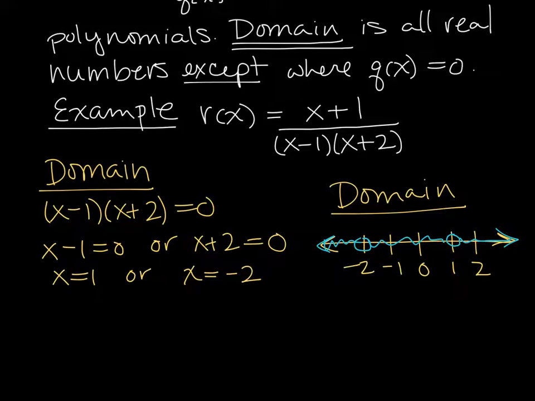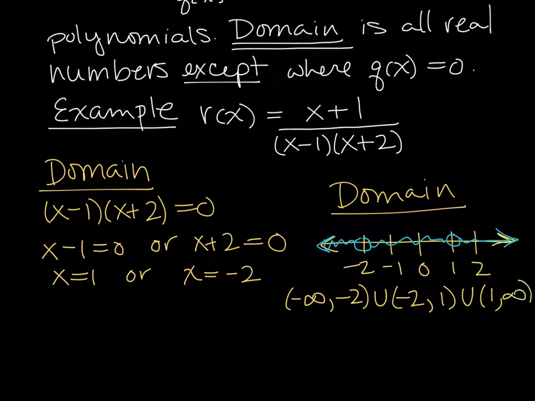In interval notation, we'd have from minus infinity to negative 2, union from negative 2 to 1, union from 1 to infinity. Now, the other thing we want to look at for a rational function are the zeros. So zeros.